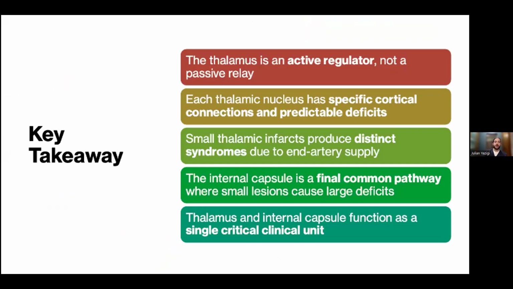Small thalamic infarcts produce very distinct syndromes due to end artery supply. The internal capsule is a final common pathway where small lesions cause large deficits. The thalamus and internal capsule function as a single critical clinical and integrational unit rather than two separate and independent structures.